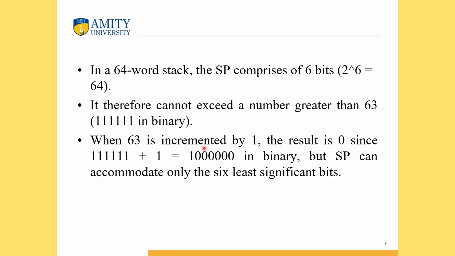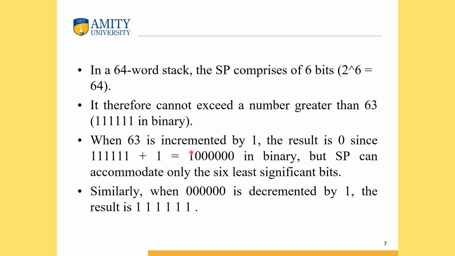When 63 is incremented by 1, the result is 0, since 63 in binary plus 1 leads to all zeros, and the stack pointer cannot accommodate anything more than 6 least significant bits. Similarly, when the stack pointer is 0 and it is decremented, the result causes all ones, which is also not possible since the stack is empty and it can only hold 6 bits.